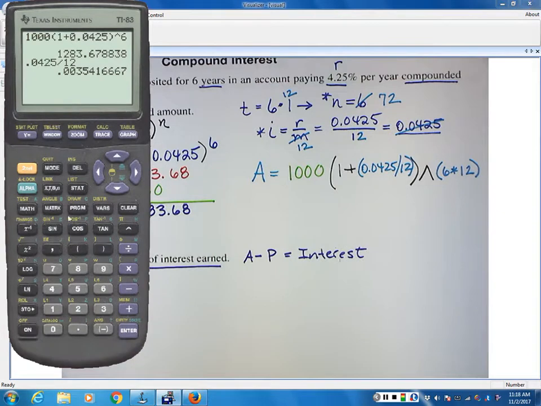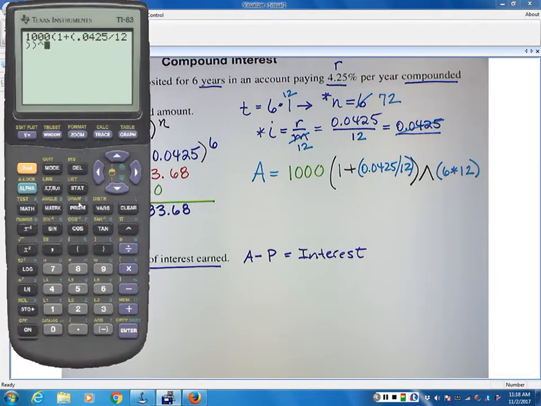So when I clear this out and redo the problem, I'm going to have 1,000 times 1 plus the interest rate, 0.0425, divided by 12 months in a year. Close those parentheses and then close the ones that were in front of the 1. You open 2, so close 2.